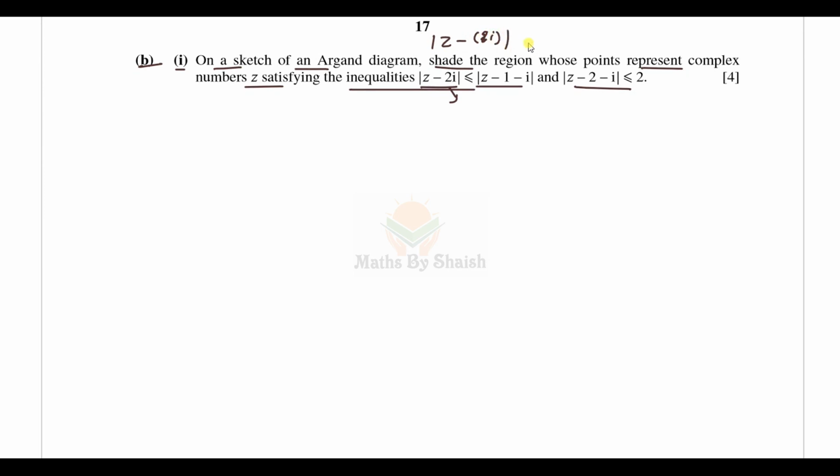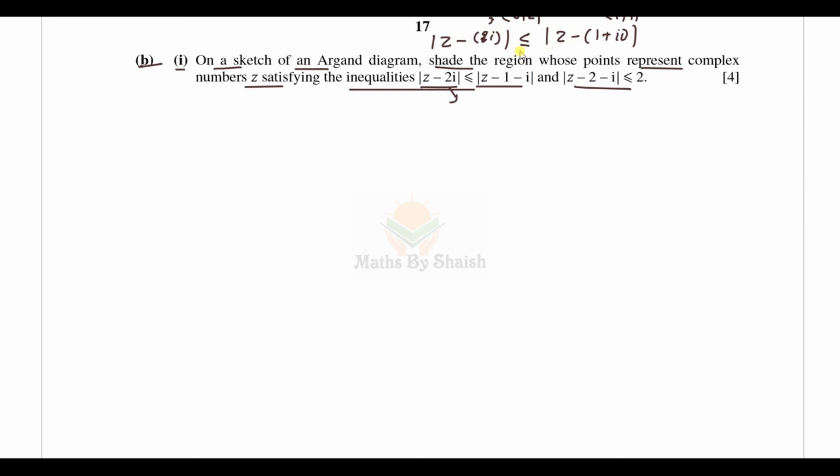This is the perpendicular bisector joining the points. This point represents on the Argand diagram 0, 2, and this point is 1, 1. So we draw the perpendicular bisector of the line joining 0, 2 and 1, 1.